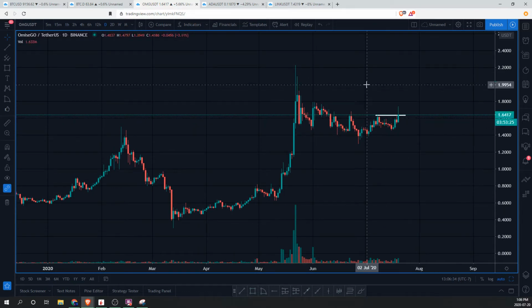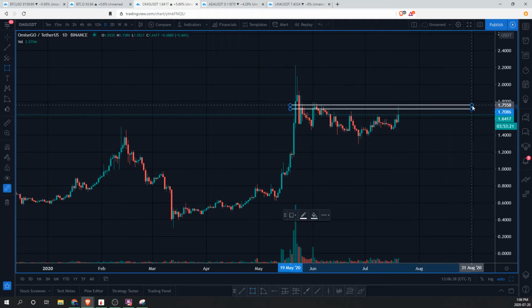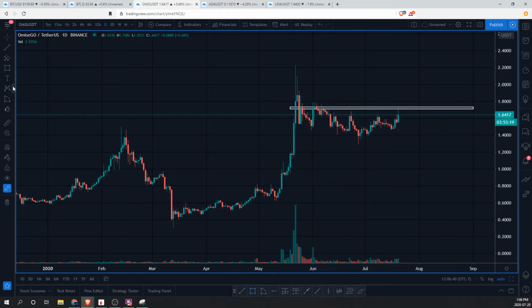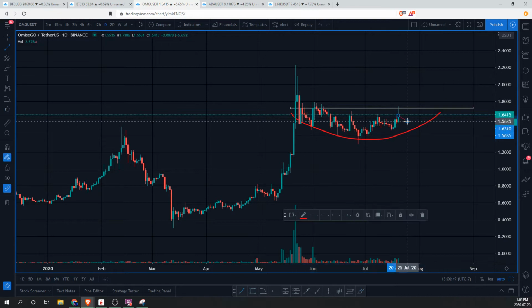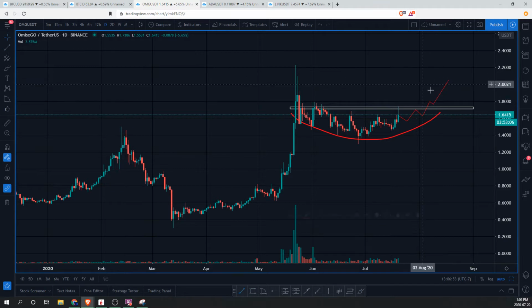Yeah, it's kind of basing, but I don't absolutely love it. This is the major zone that we need to see break, and then we see a nice rounded bottom. So we could see another bit of a lower high. I would want to enter with a continuation pattern above the 1.8, somewhere around there, because we have a nice rounding bottom, but there's a major level of resistance at around $1.73, $1.74.